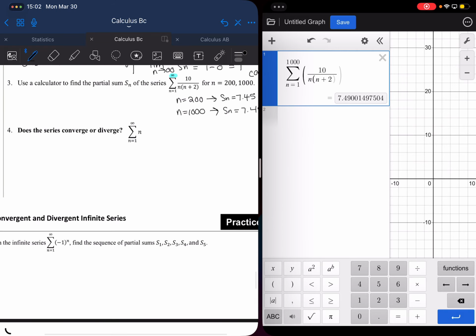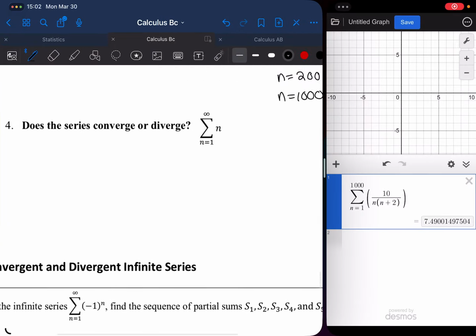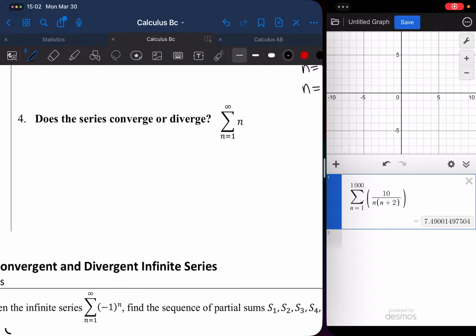So our next part here says, does the series converge or diverge? So remember, it does not matter which way you choose to do. I think that using partial sums is easier. So that first method that we did. Okay. So doing that, I'm going to start with S sub 1. So S sub 1 means I plug in 1 for n, which is 1.